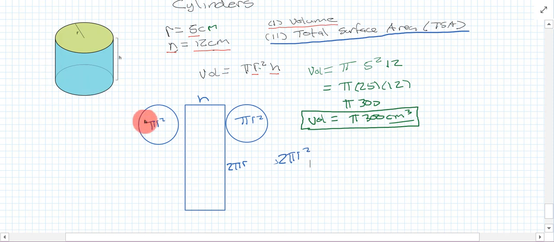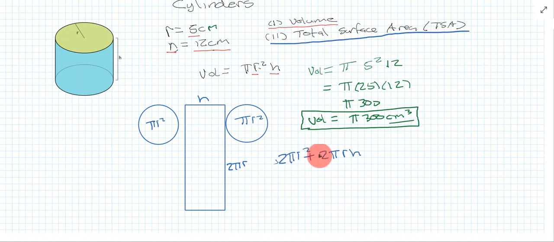And then we have this rectangular piece, which is 2 pi r by height.